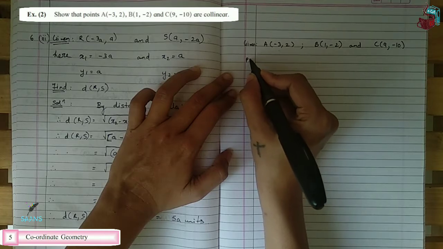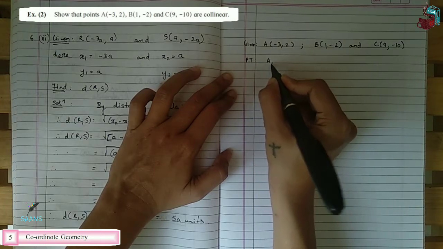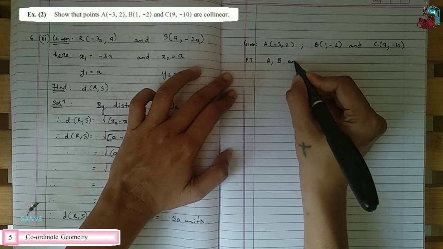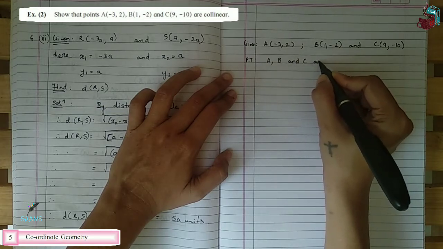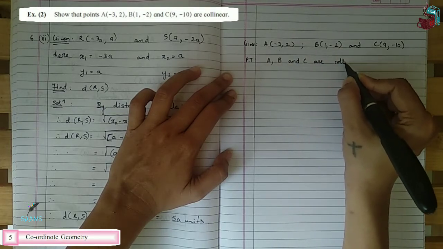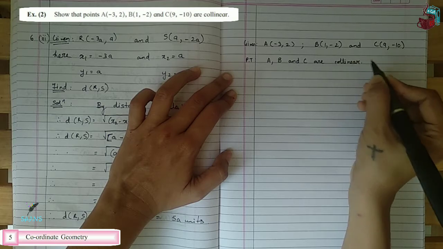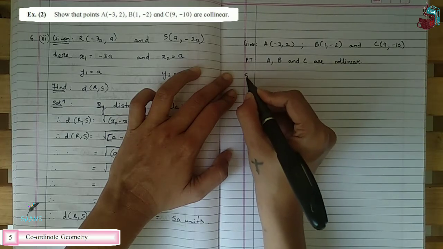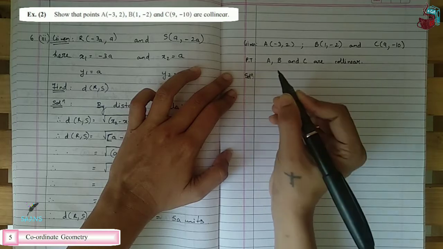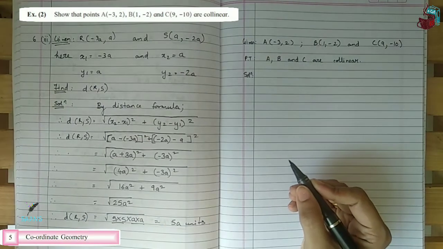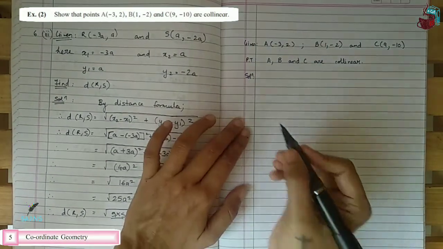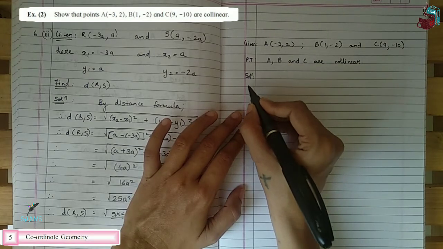So prove that A, B and C are collinear. Okay, so solution. In this case, how will you do the solution, or how will you see the solution? Okay, first step.